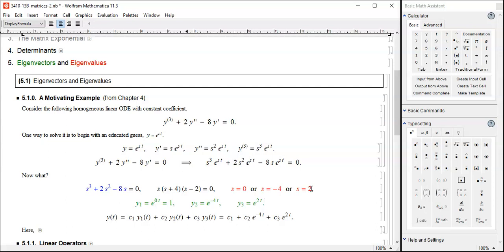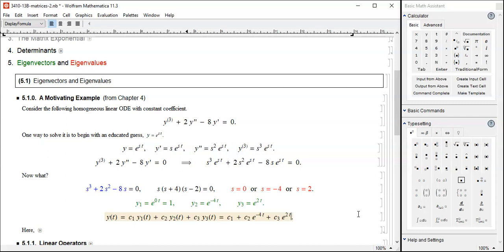So each function there can be called a vector, so they are associated to the term eigenvectors. Some people call them eigenfunctions, but more commonly known as eigenvectors. So from these three eigenvectors, we get the general solution by simply taking the linear combination of those, c1y1 plus c2y2 plus c3y3.